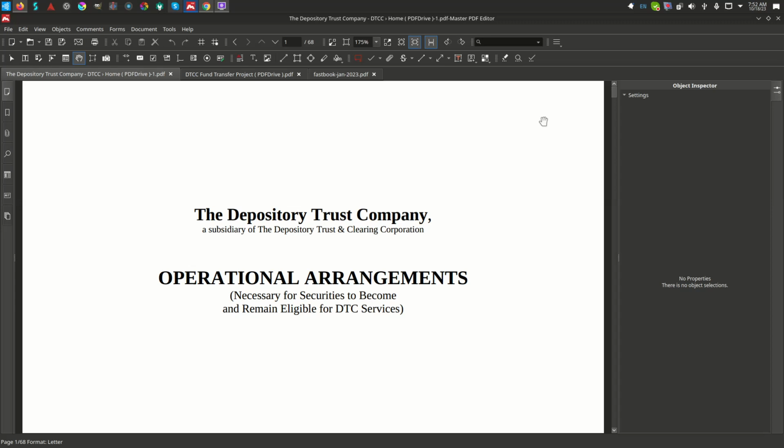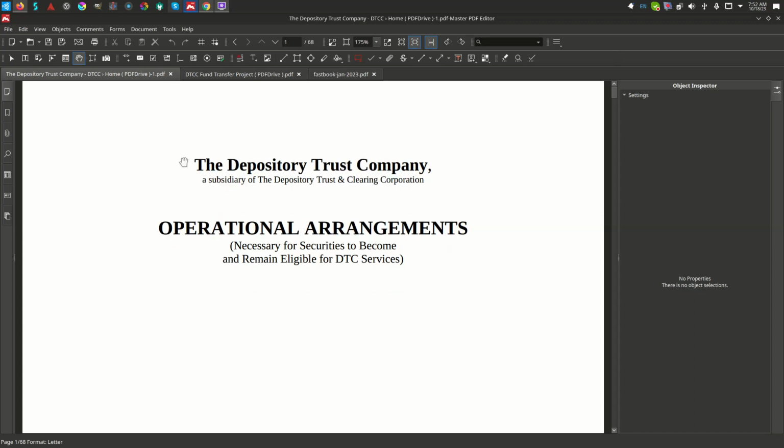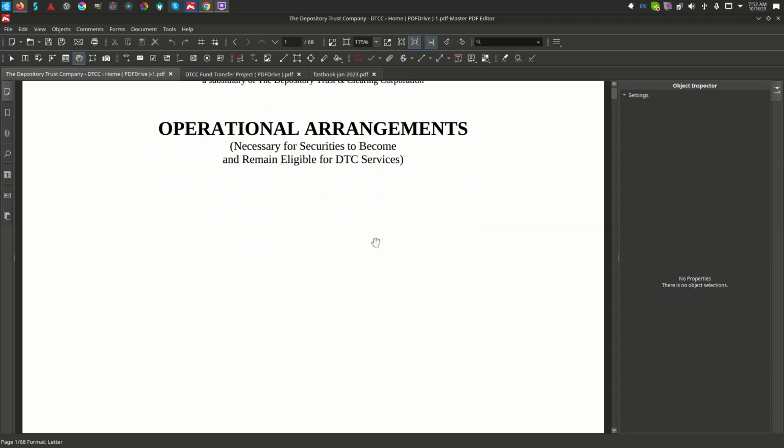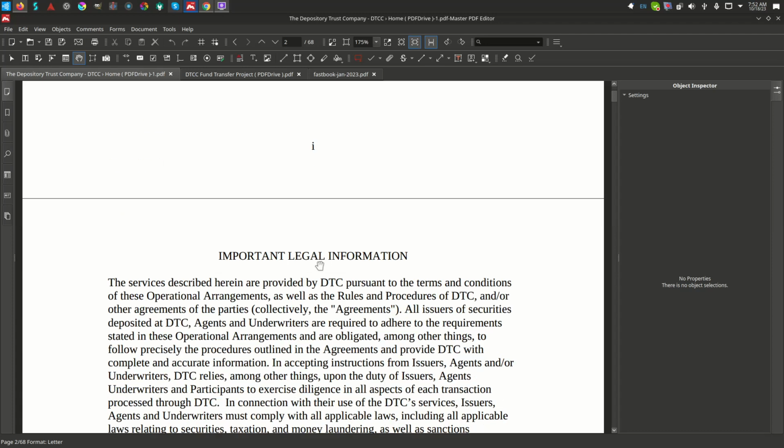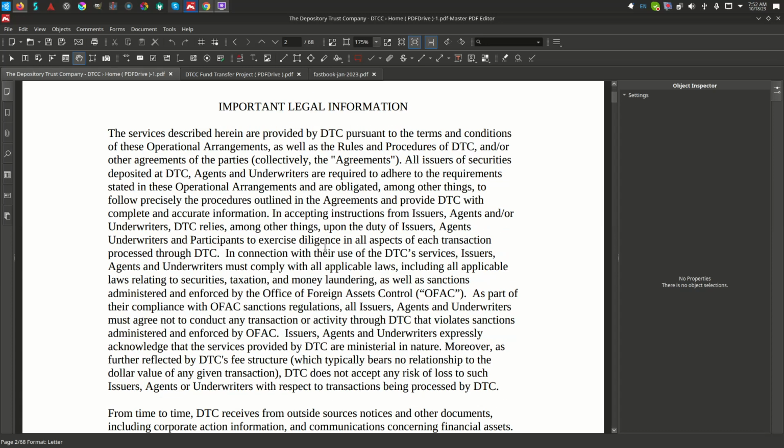Now that it's out of the way, a few days ago I gave everybody access to this operational arrangement. It says what is necessary for securities to become and remain eligible for DTC services. This gives you a breakdown of what this document is.